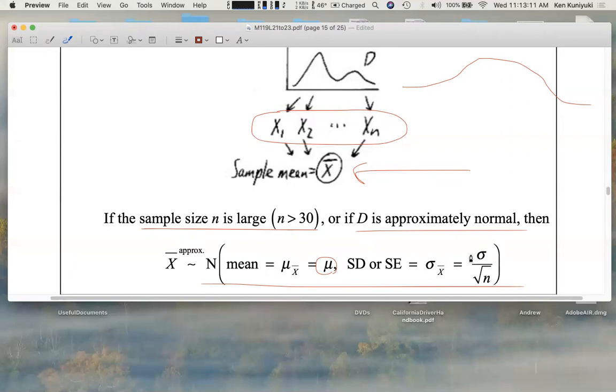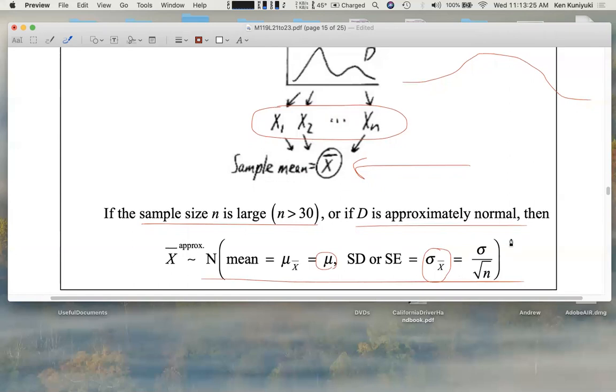The Big Daddy standard deviation divided by the square root of n. This is going to be smaller. As n increases, as the sample size increases, the standard error shrinks and we get tighter clustering about the mean. We saw this with the dice.